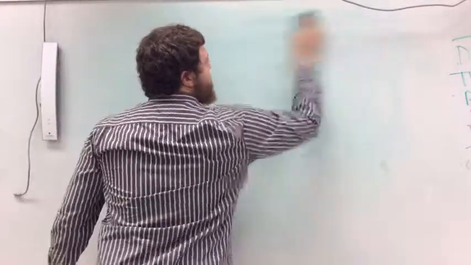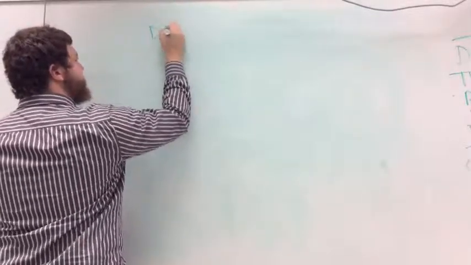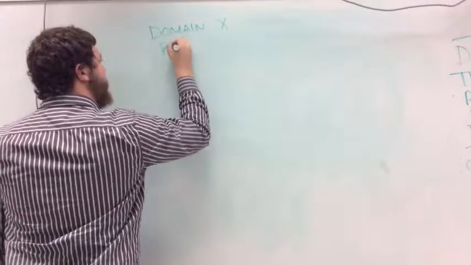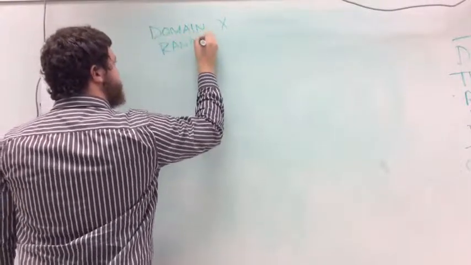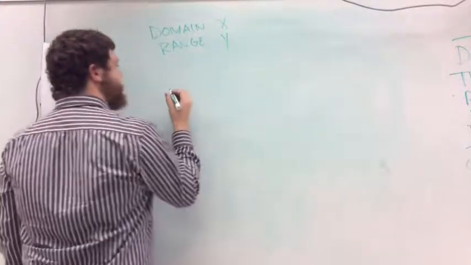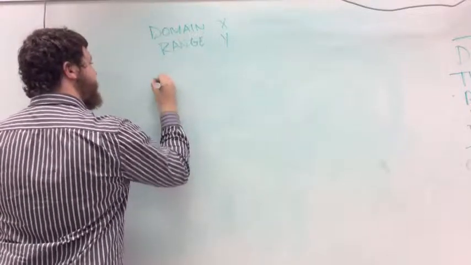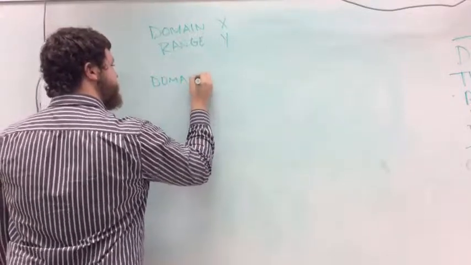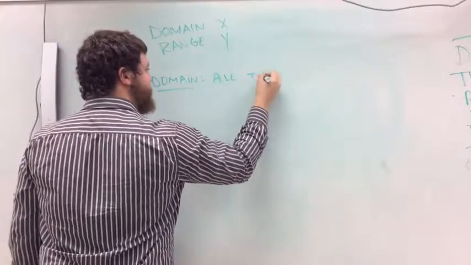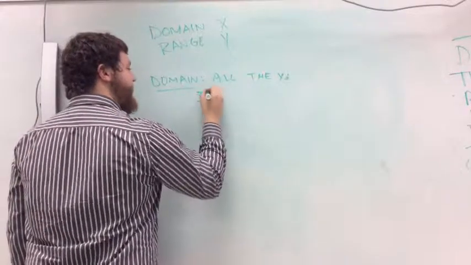Now, let's talk about domain and range. Domain has to do with what? You should remember this from the last unit. The x's. So domain is x's. The range is the y's. In domain and range, you're going to see parentheses and you're going to see brackets. Your domain is all the x's in the graph.